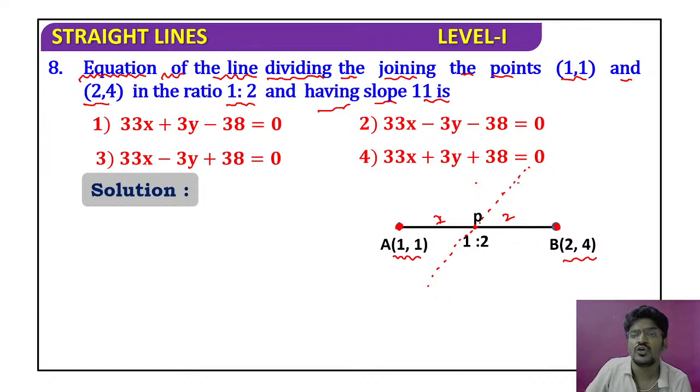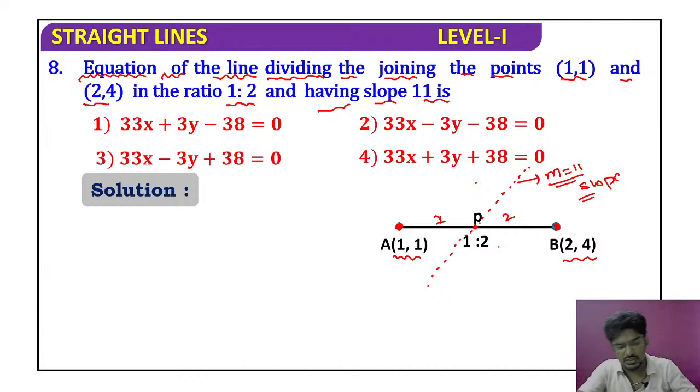The slope of this line is given as m equal to 11. Now using this slope, you have to find the equation of this line. So use your brain. God has given a brain to everyone, and how you use it is going to define your problem.